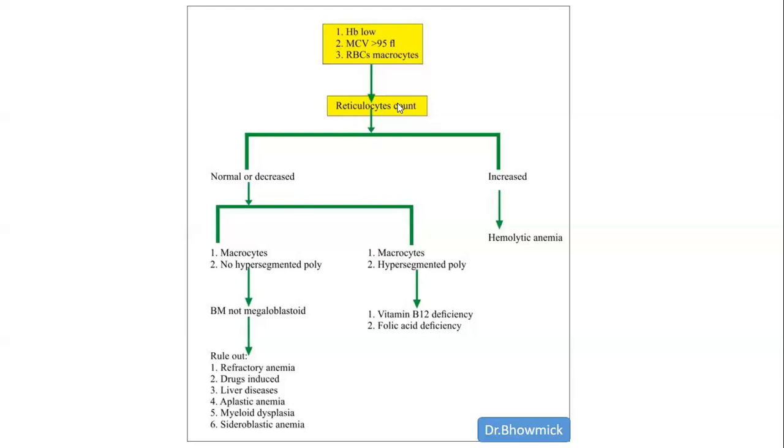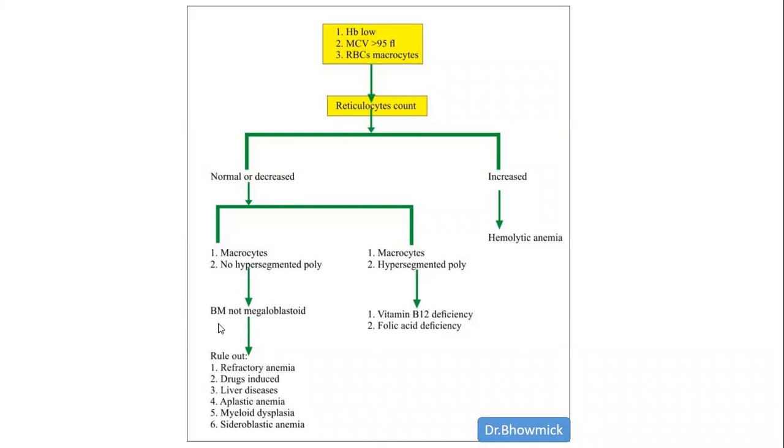And if reticulocyte is normal or decreased, maybe macrocytic, size is bigger, or sometimes macrocytic hypersegmented with poly. Bone marrow, megaloblastoid: here, vitamin B12 deficiency or folate deficiency.